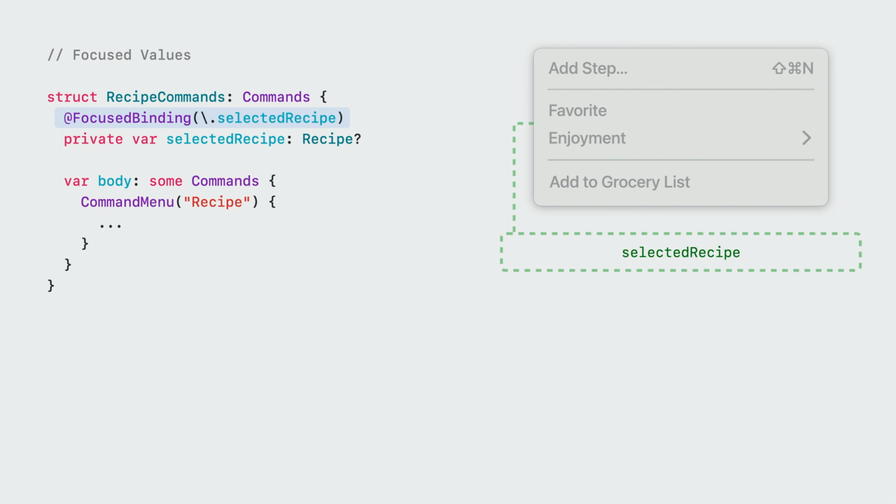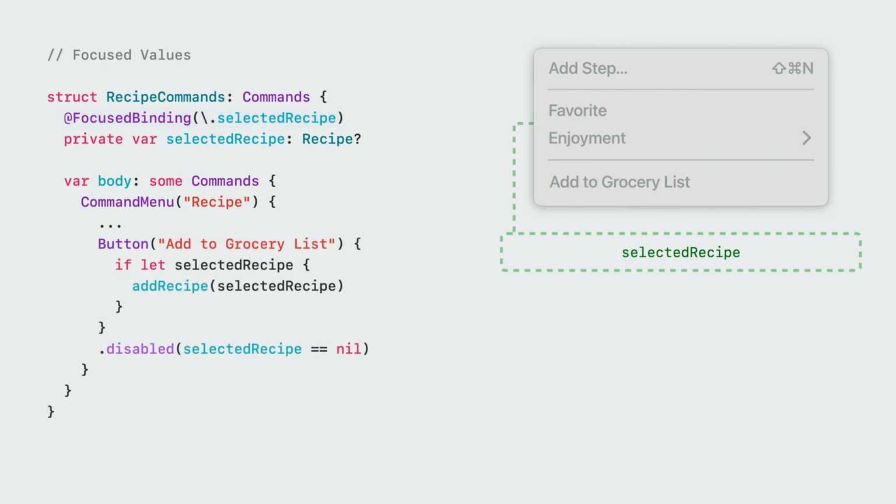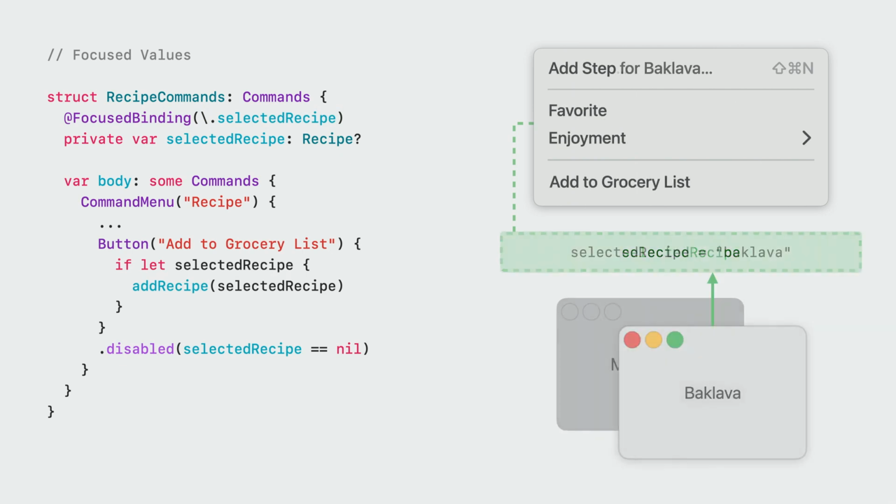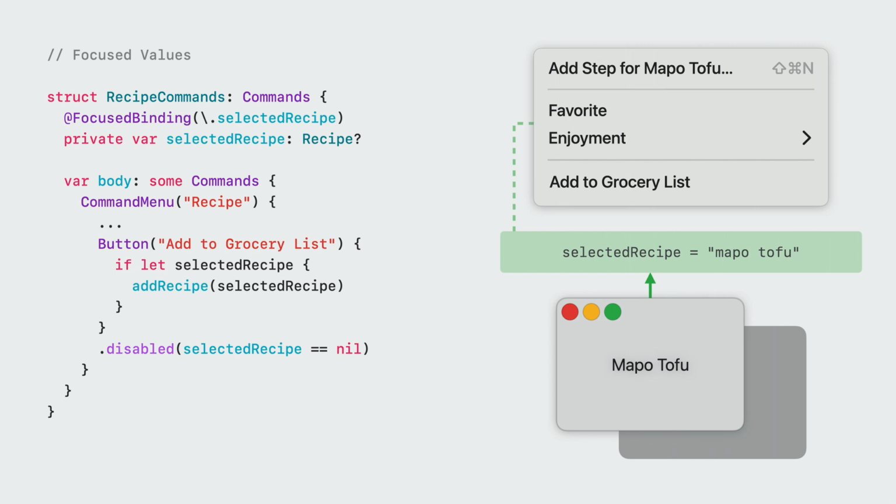The property wrapper automatically unwraps the binding so I can work with the bound value directly. The only other thing I need to do is use my new property in the view's body. Over time, as focus moves between different controls and different windows become active, the system will update the view to reflect the values it finds in the new context.